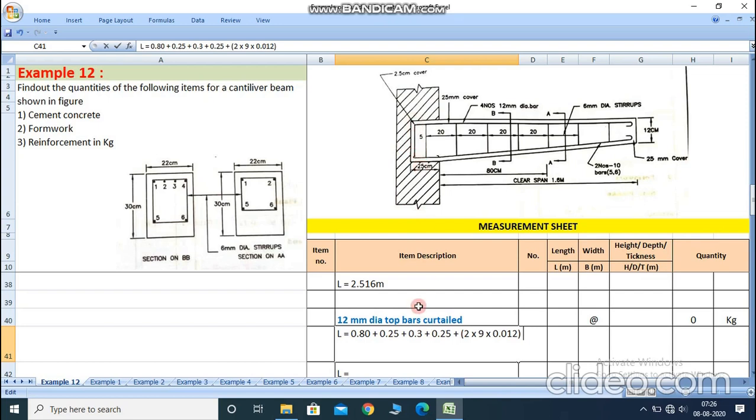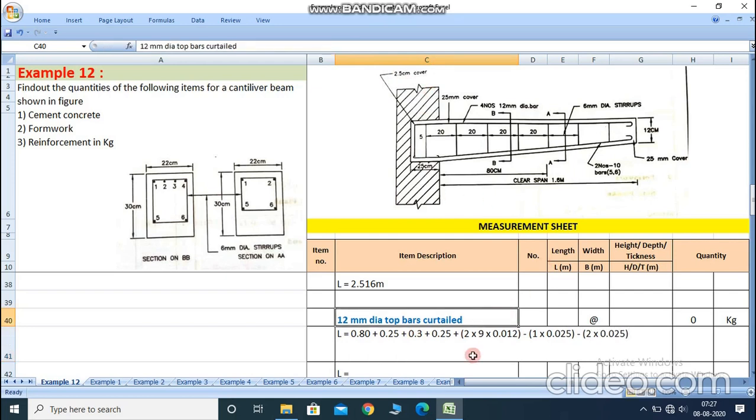So here minus, in the bracket, 1 multiply by cover is 0.025. So already given 2.5 centimeter cover at all the sides, minus 2 times top and bottom cover is provided, 0.025.